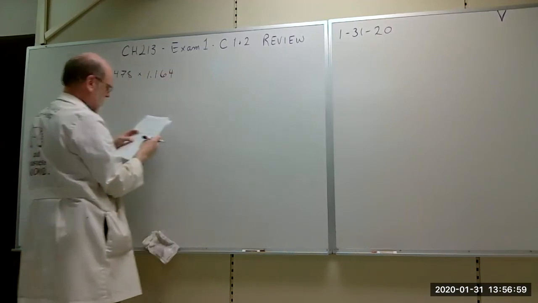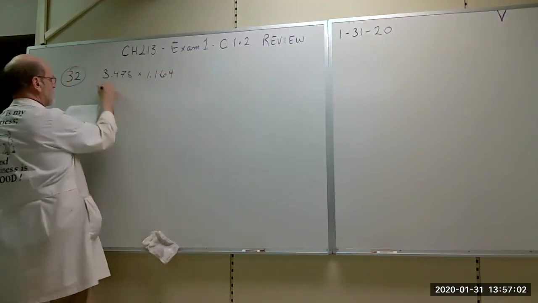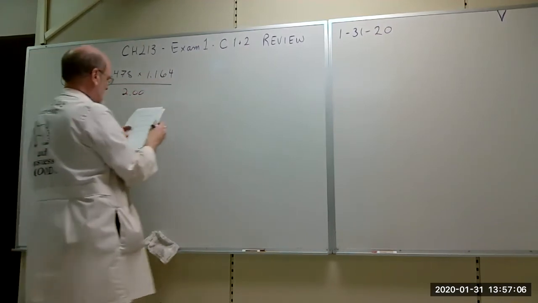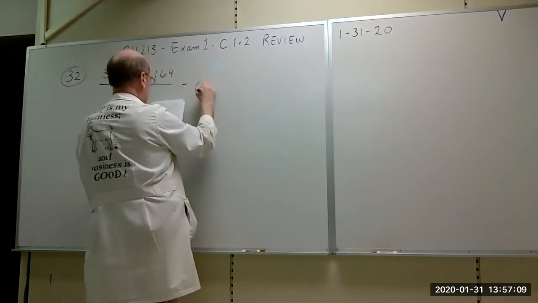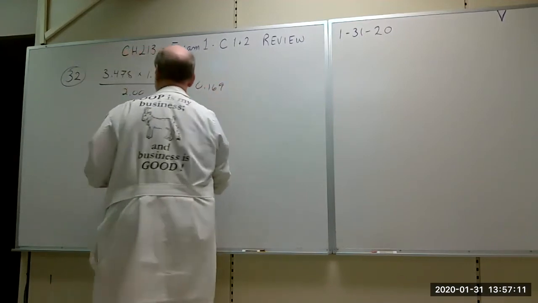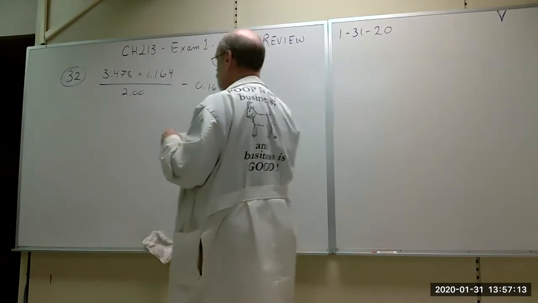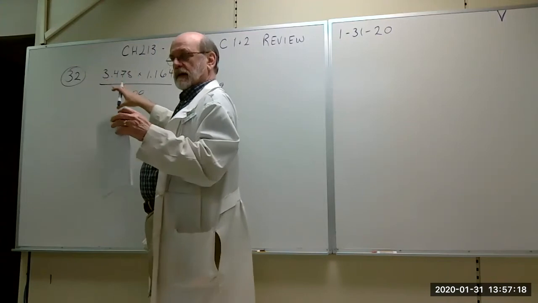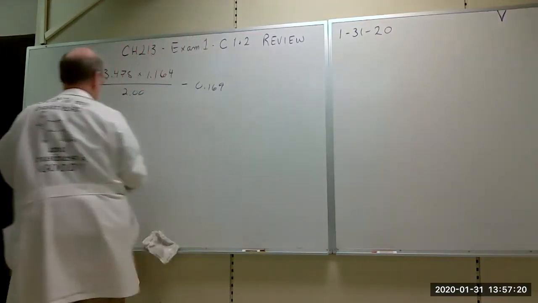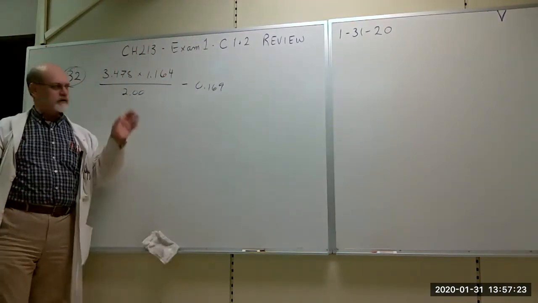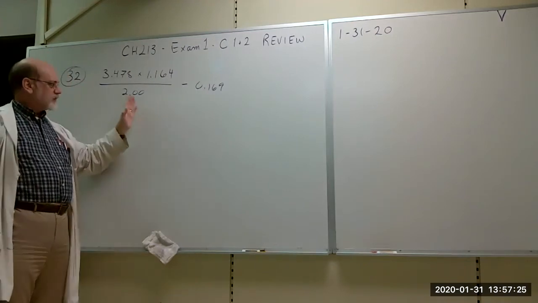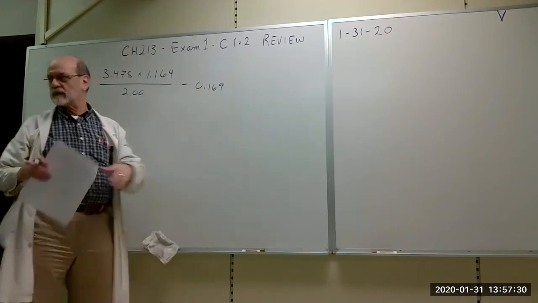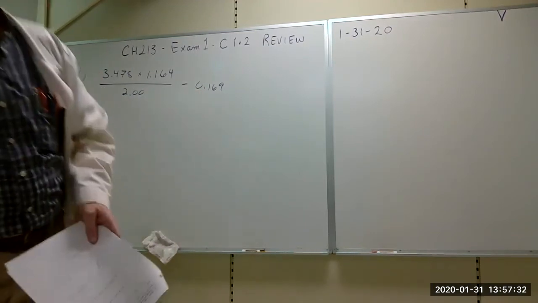I'm going to leave the units out. Now, this is divided by 2.0, and we subtract 0.169. Okay, so we're going to have to do the multiply divide first, right? And because the significant figure rules are different for each one, we've got to resolve the significant figures for this one first, then put it together with that one.